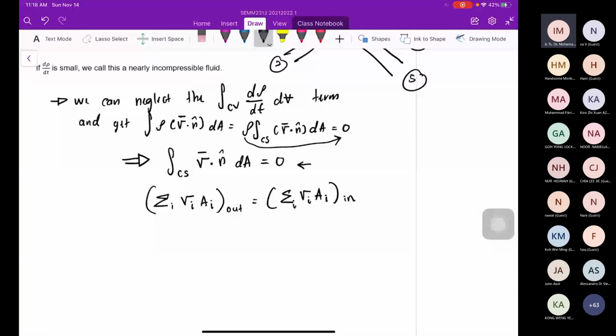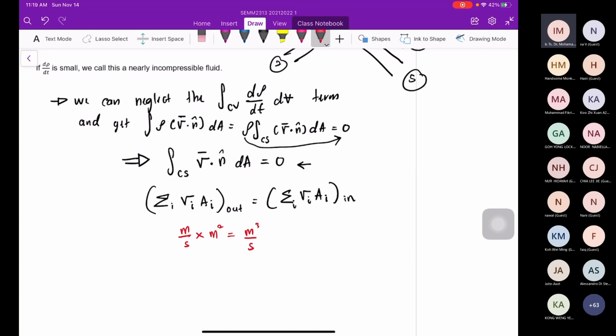V is velocity, right? Velocity is, as mentioned before, meter per second, multiplied with area, which is meter squared. So what do you get? You will get meter cubed per second. So what does it mean? What is meter cubed per second? Any idea?